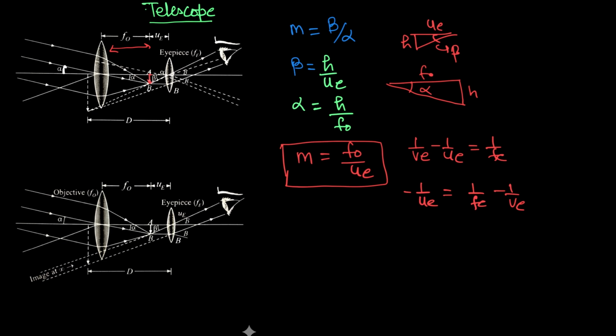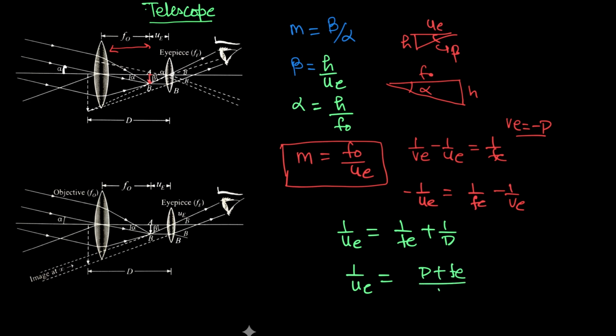And in this case, VE is equal to minus D. So simply, 1 by UE is equal to 1 by FE plus 1 by D. If I solve this, 1 by UE will be equal to D plus FE divided by FE into D.